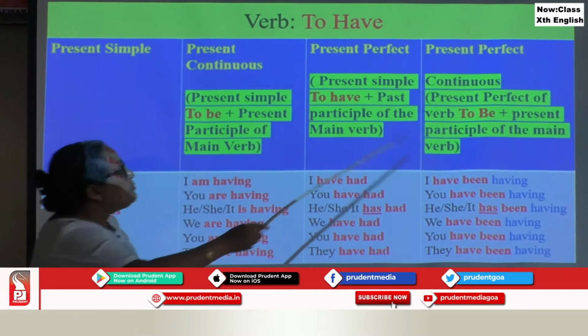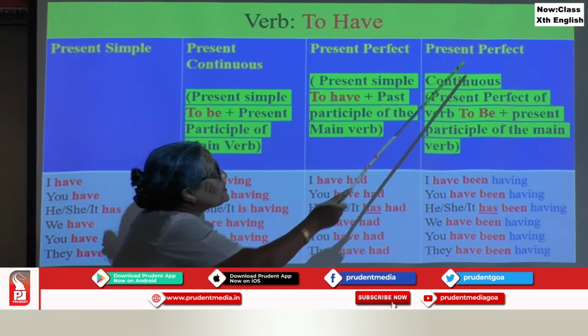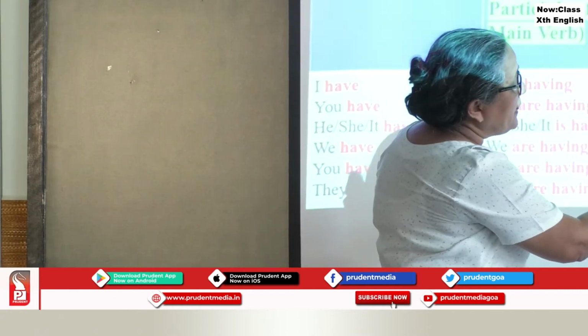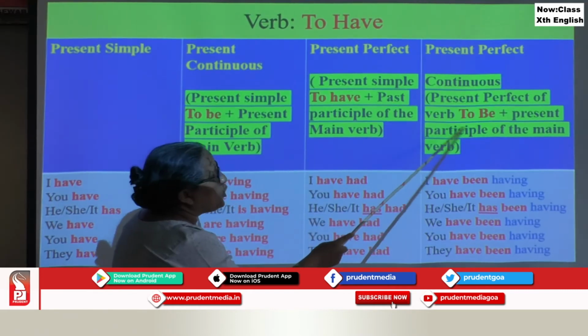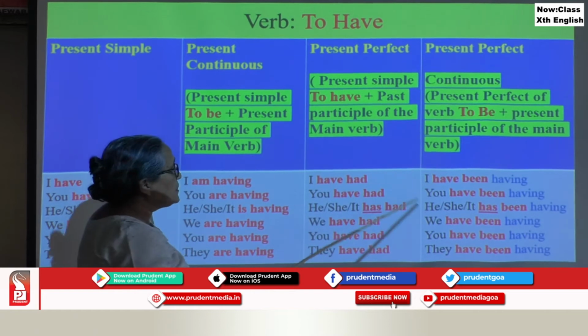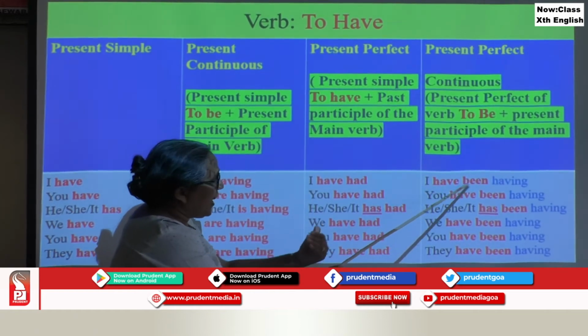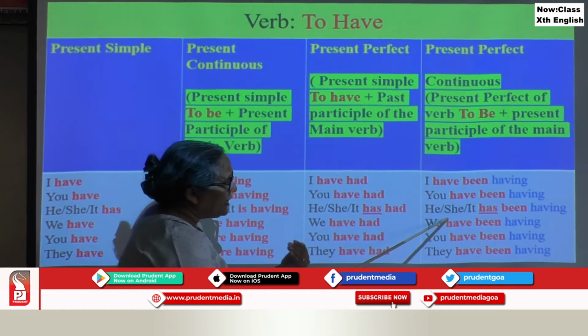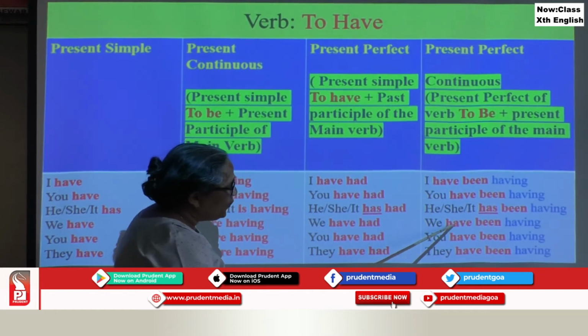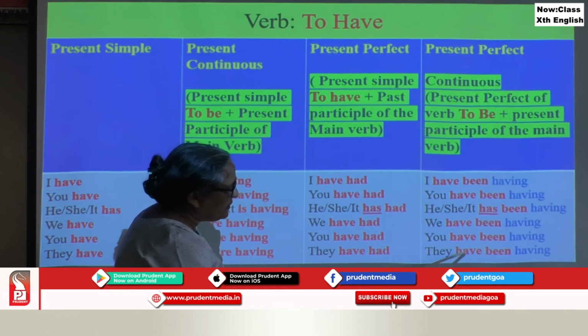Two verbs. How do we do present perfect continuous? Means present perfect of the verb to be. That is present perfect of verb to be we learnt in the previous verb. I have been, you have been, he, she, it has been, we have been, you have been, they have been.